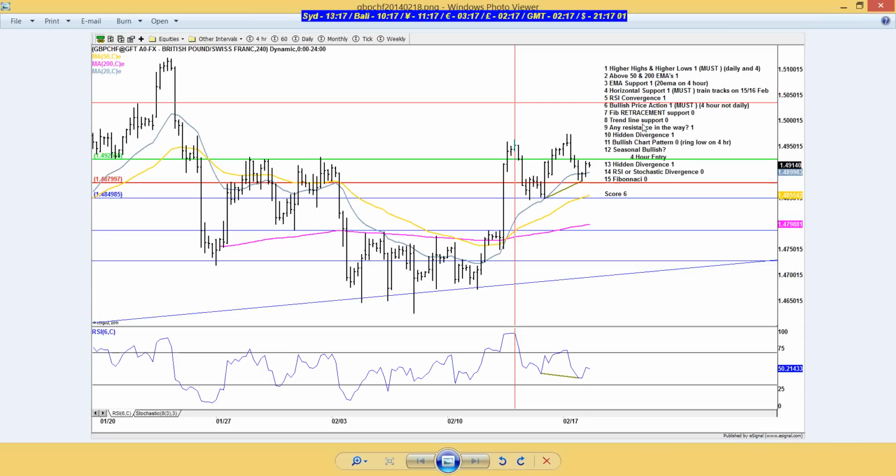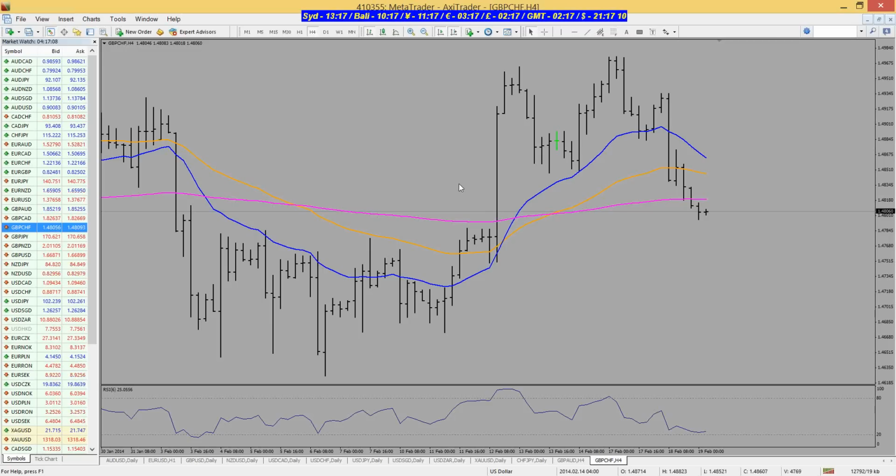No. The Fib you would be drawing from there to there, and you should have Fib retracement. Obviously it's fallen through that, but that's what you'll be looking at as your Fib retracement. And this ring low was sort of the 786 or 618. You could argue for either one of those.